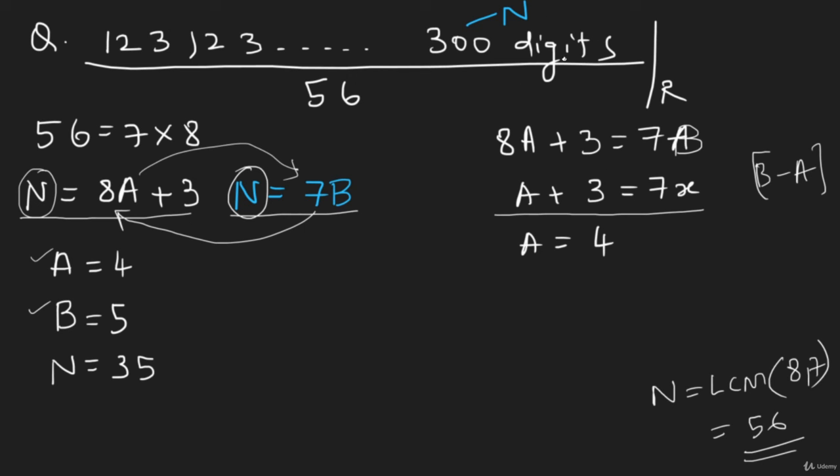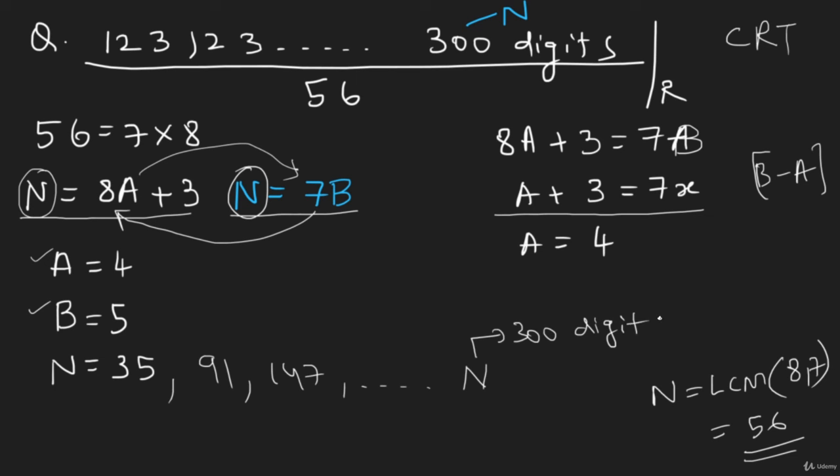Now as per the Chinese remainder theorem, we know that n will be part of this AP, which is this one: 35. The next term will be 35 plus 56, which is 91. The next term will be 91 plus 56, which is 147, and it goes on like that. And finally you will get n over here also, which is a 300 digit number, right?